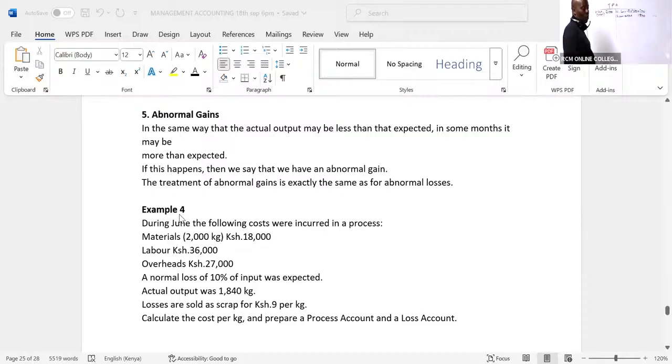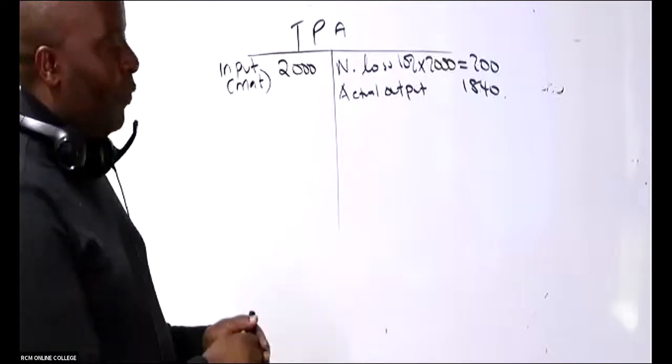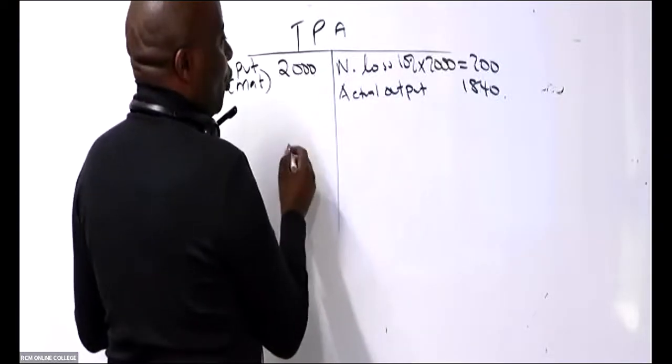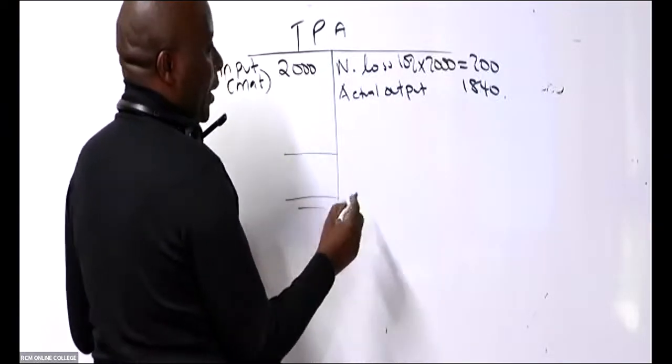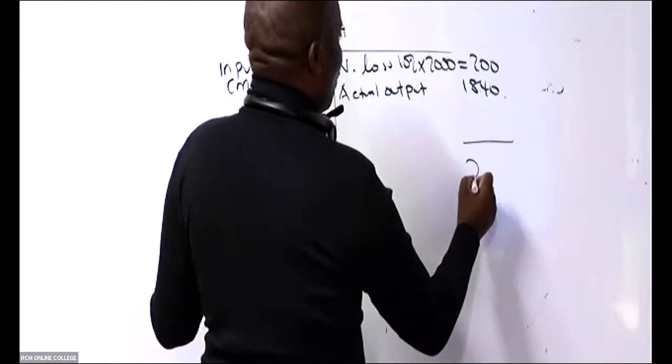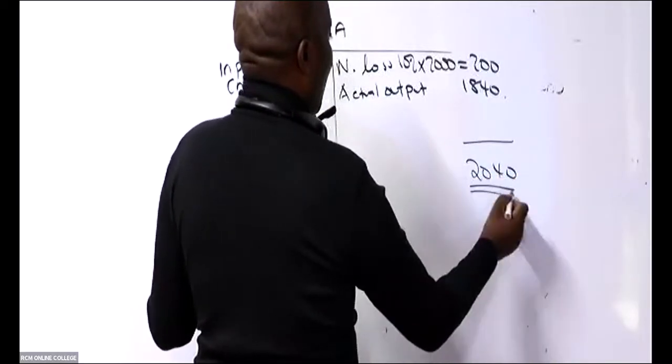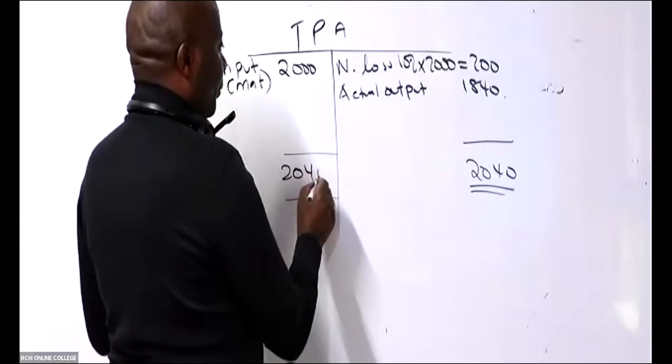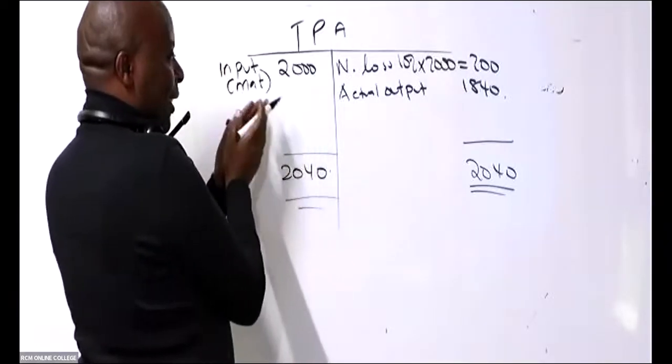So that is it. Go ahead and do your balancing figure. In this case, if you're keen enough, you must have realized that this side is heavier. This side is 2040. So the balancing figure is coming here.